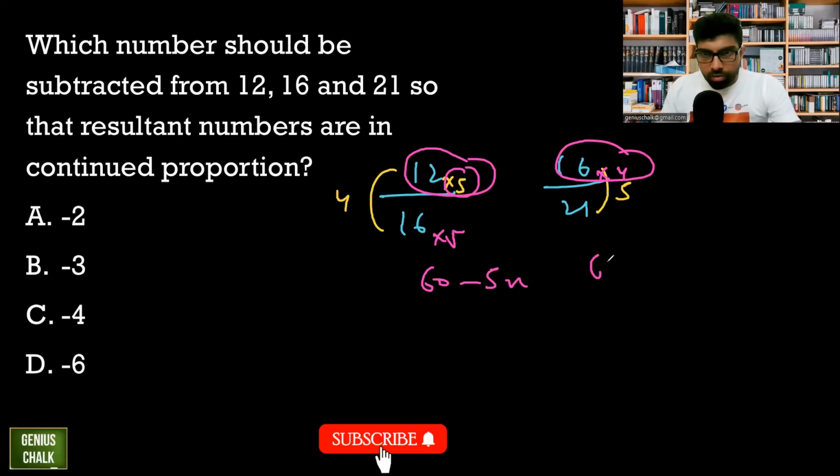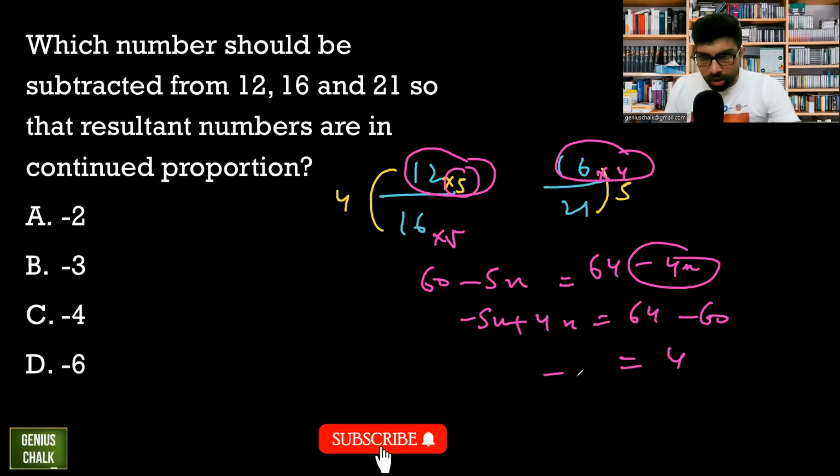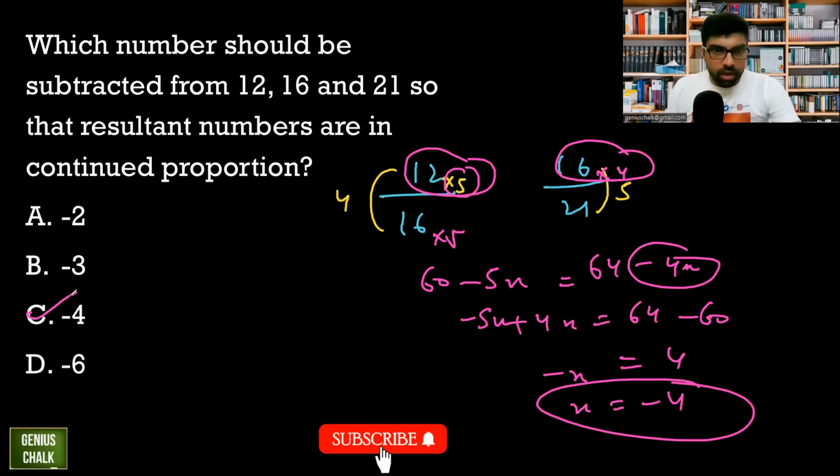Here, 64 minus 4x. Now these both are equal. You see why negative is coming. It will be clear. Minus 5x is coming to this side as plus 4x. And 64 minus 60, so this is 4 and this is minus x. That's why this is minus 4. Right? So don't worry if it is coming in minus. Already it's given in the options. So don't worry. Just follow the same method as I did.